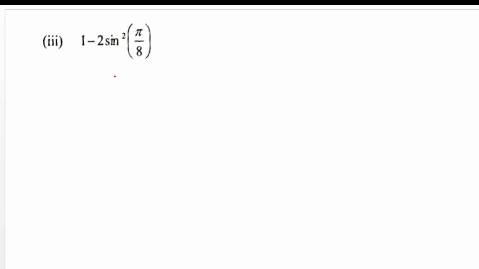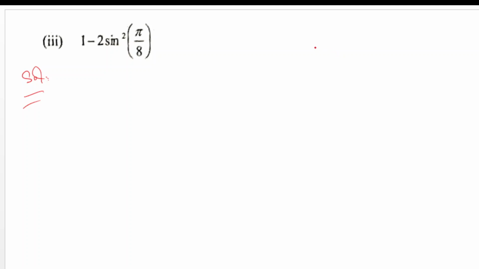The third part is 1 minus 2 sine square pi by 8. You have to learn the formula before solving these questions. These are basically the practice of the formulas. For the student who tries so much to learn, these questions are given for the practice of the formulas.